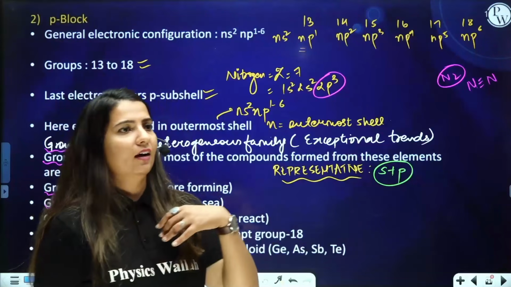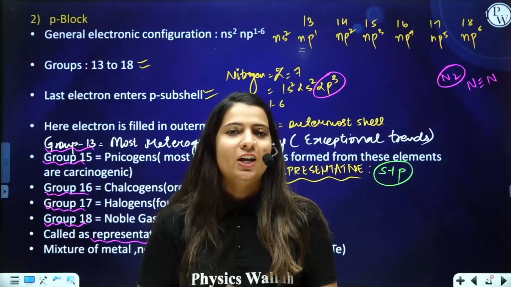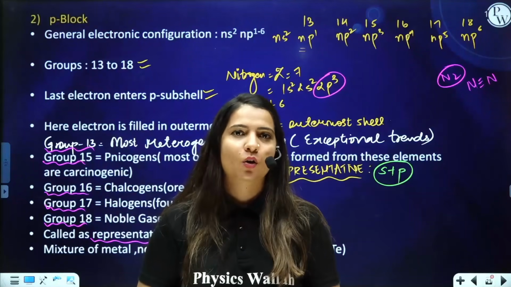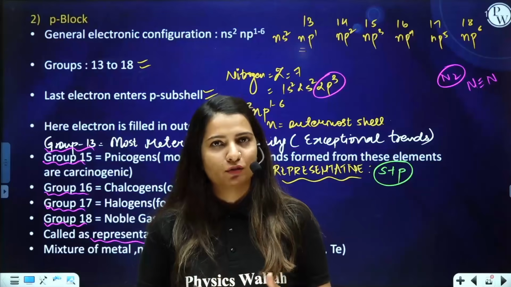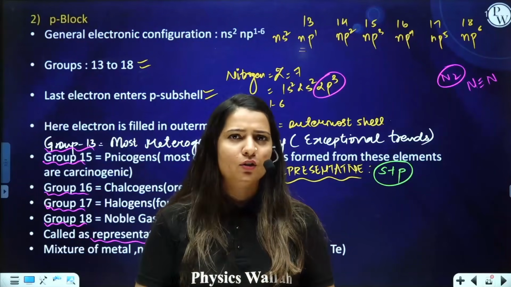But if I ask you, is there any compound possible for group 18? Your answer will be, right now, there is no compound. But yes, there are some compounds formed for group 18 elements also, like xenon, and some for radon.